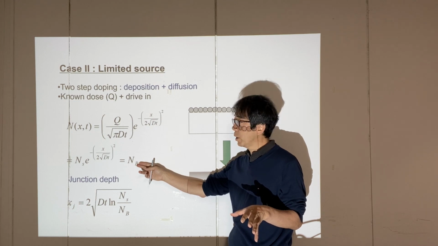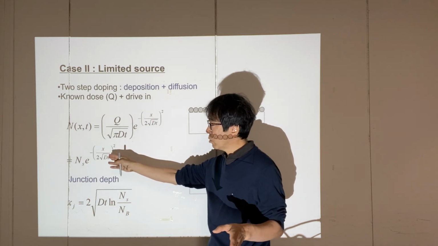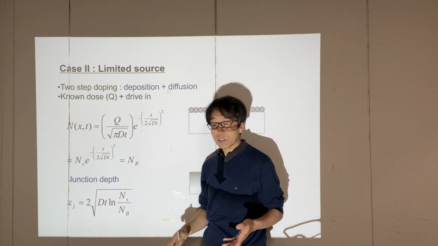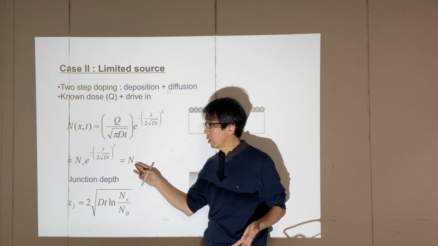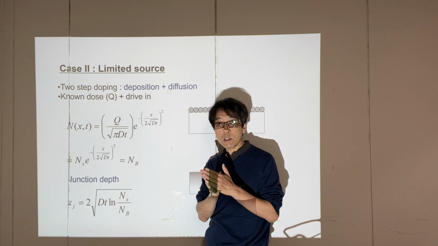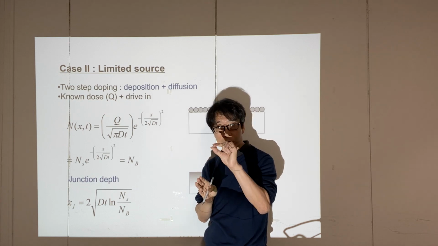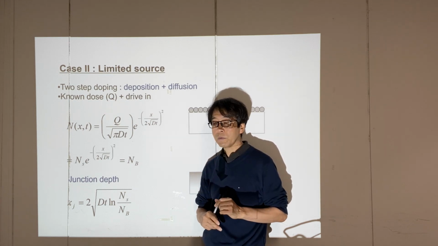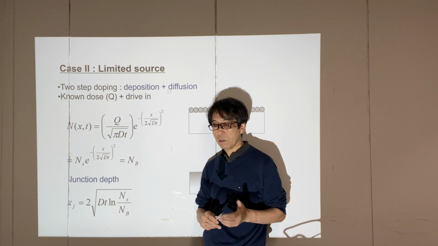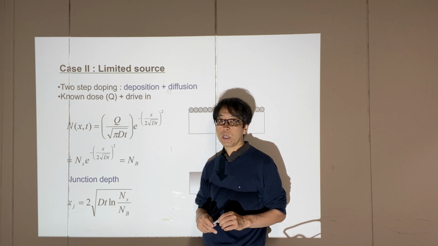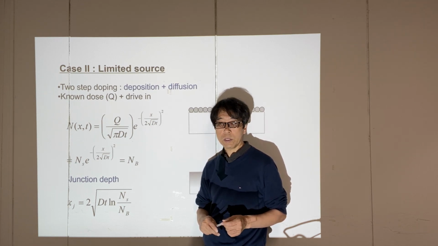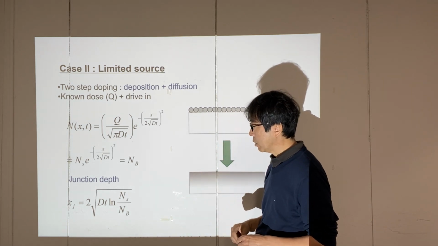So whenever the n-type impurity concentration becomes the same as the p-type background concentration of the p-type wafer, we create an NP junction right there. There are a lot of things you can do with this NP junction. You can come up with diodes, bipolar junction transistors, and solar cells as well. So it's a very interesting interface.